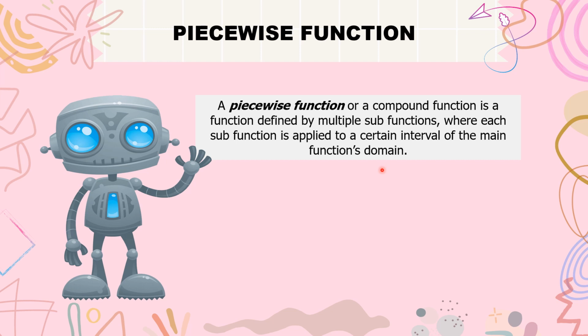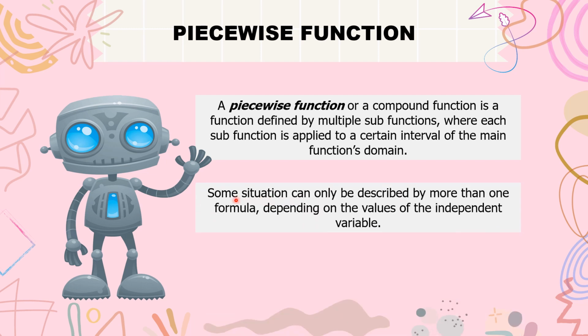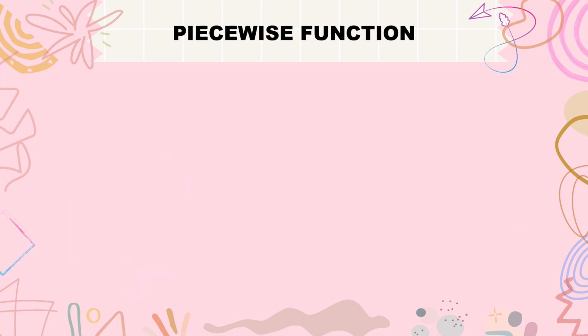So the piecewise function is composed of sub-functions, wherein each sub-function is applied to a certain interval of the main function's domain. Some situations can only be described by more than one formula, depending on the values of the independent variable. Let's have examples on piecewise functions.